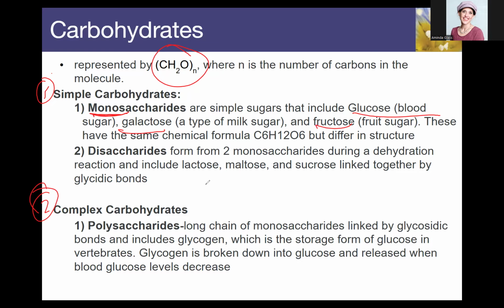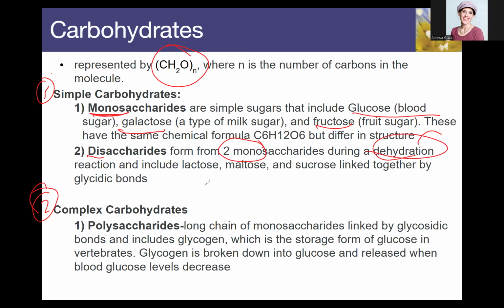And if your structures are different, you behave differently. You have different properties. The second type of simple carbohydrate is a disaccharide. Di means two. So disaccharides have two monosaccharides together, and they form during a dehydration reaction.